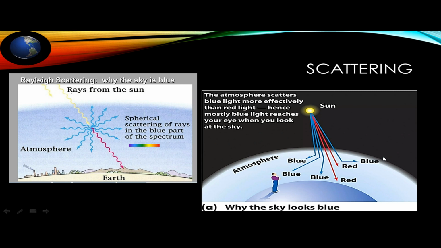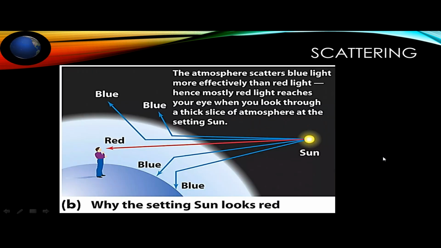That's why in daytime we can see the sky looks blue, and in the evening time when the sun reaches the horizon, more blue is getting scattered, and we can only see the red light reaching the earth surface. Here we can see the atmosphere scattered blue light more effectively than the red light.